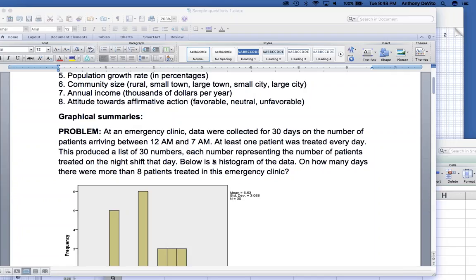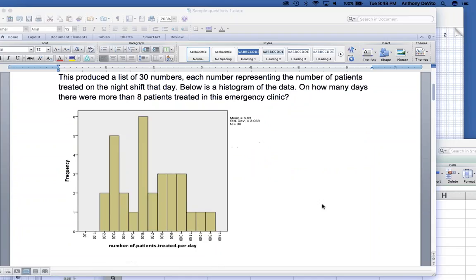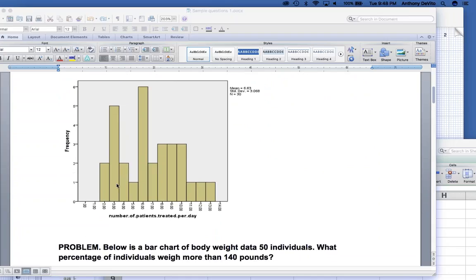This produced a list of 30 numbers. Each number represents the number of patients treated on the night shift that day, 12 a.m. to 7. Below is a histogram of the data. On how many days were more than 8 patients treated in the emergency clinic? So this is the number of patients: 8 patients treated per day, 9, 10, 11, 12, 13.